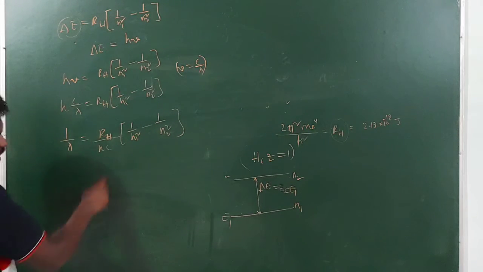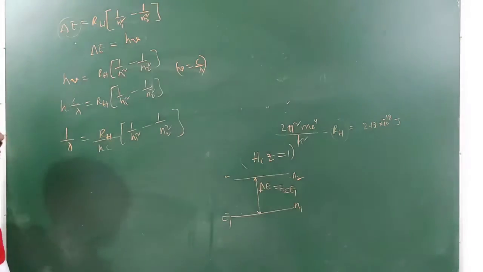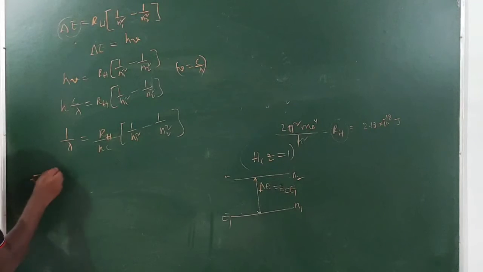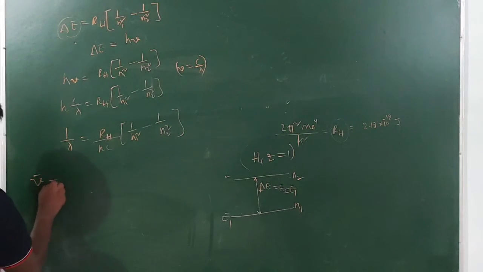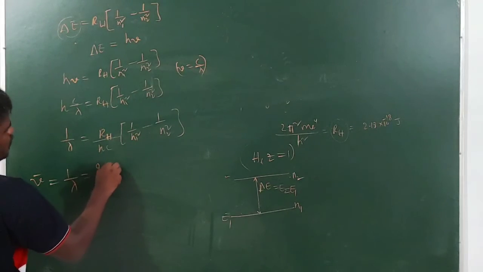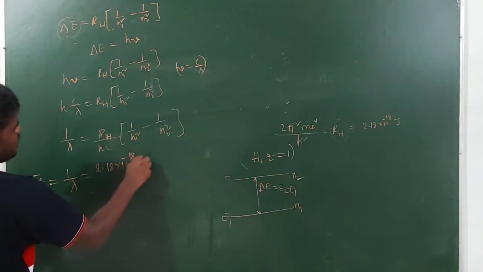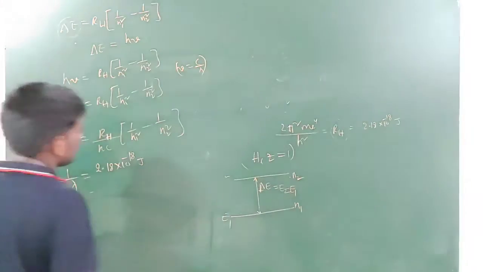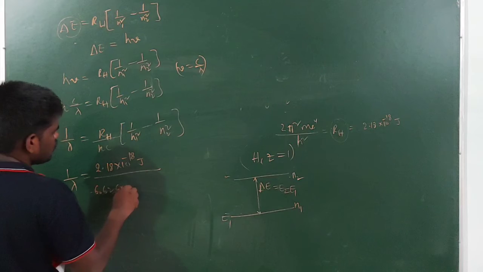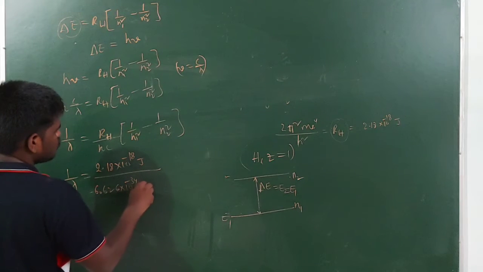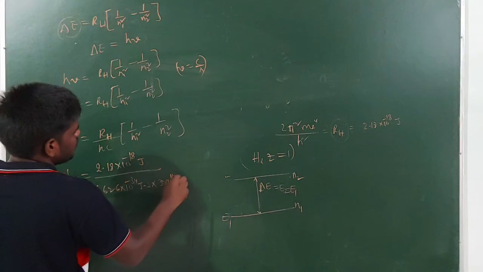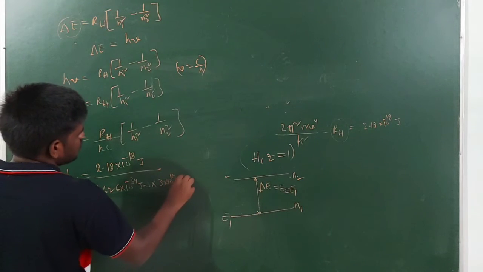So now we know the RH value, we know Planck's constant value, and we know the velocity of light. Substitute them. 1 by lambda will be nothing but nu bar, wave number. So nu bar is equal to 1 by lambda is equal to RH value 2.18 into 10 power minus 18 joules, by Planck's constant 6.626 into 10 power minus 34 joule second, and velocity of light 3 into 10 power 10 centimeter per second.